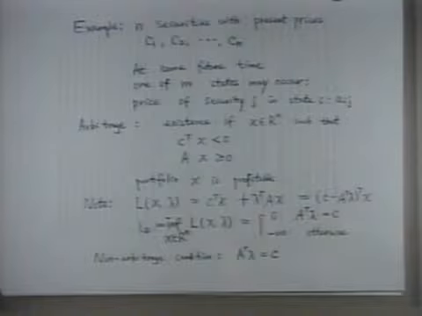And in this example, let's say we have n different securities with the present prices given by C1, C2 through Cn. Okay, so you can say maybe just different types of stocks. Maybe you want to invest or whatever.